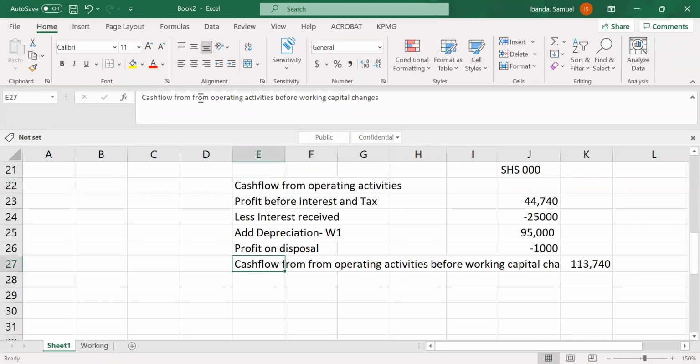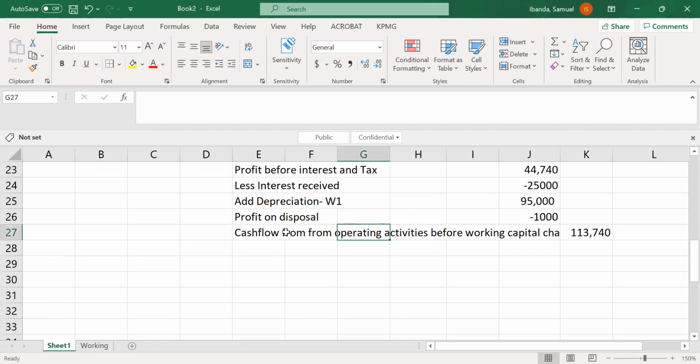So cash flow from operating activities before working capital changes, that can also be how you call it. So that's what we have. Then now we're going to the working capital changes. I want you to look at them because these are some of the areas that I usually regard as free marks.